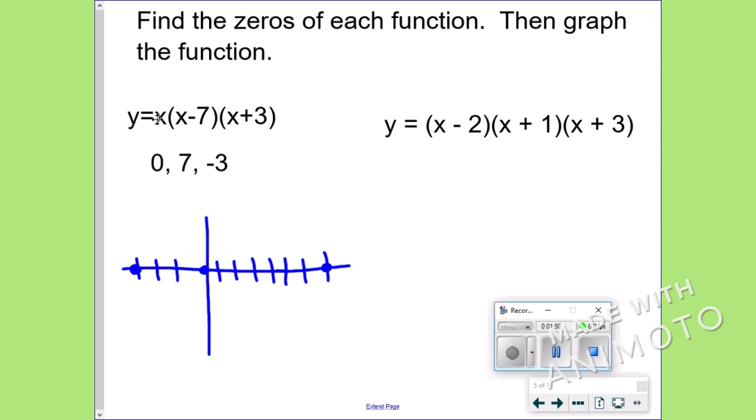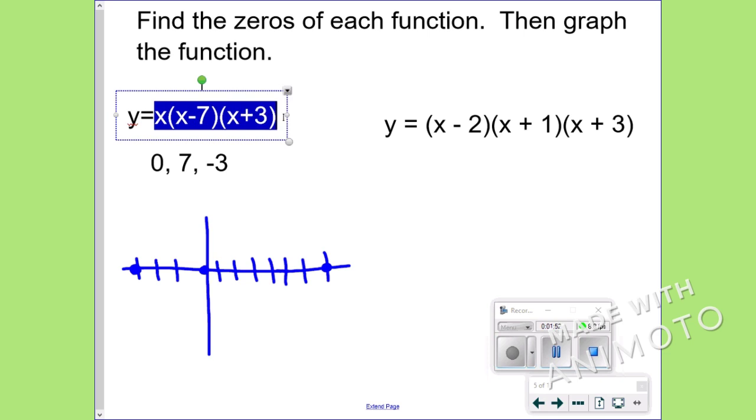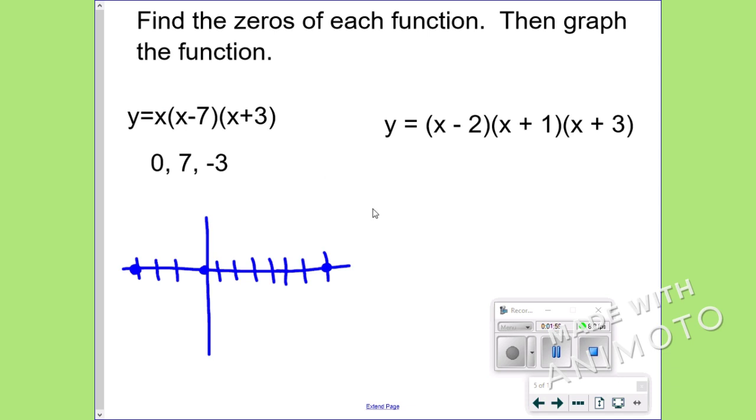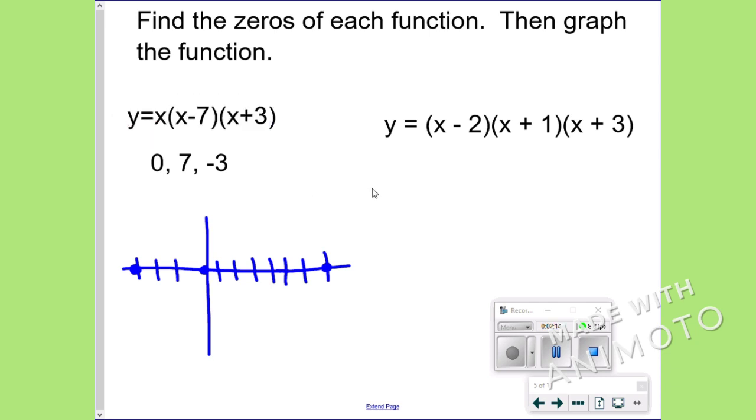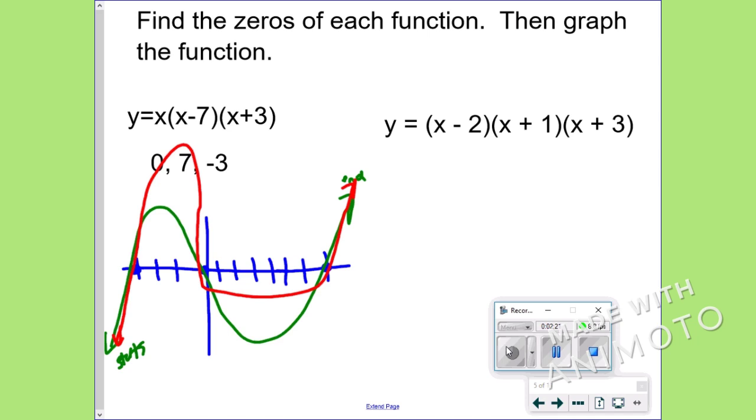Because this function is positive, if I multiplied all of it out, we would have a positive x cubed. Because it is positive, we know it's going to end up. And since it's an odd function, what I mean by odd is it's an x cubed, I know it has to end differently from how it starts. So we know it's going to end up here, so that means it's going to start down here. So let's graph that. You might be saying, well, why are there two lines there?